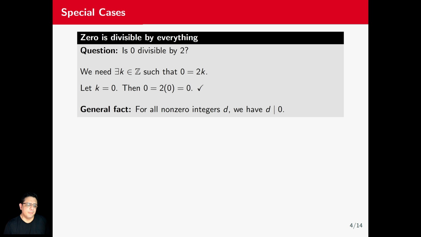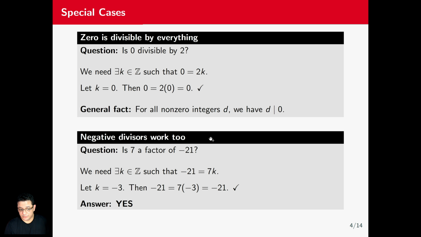Now, is 0 divisible by 2? Well, the answer is yes, because we can represent 0 as 2k, with k in particular being 0. So yeah, 0 is divisible by 2. In general, for all non-zero integers, any integer is going to work out. So 0 is going to be divisible by any integer.